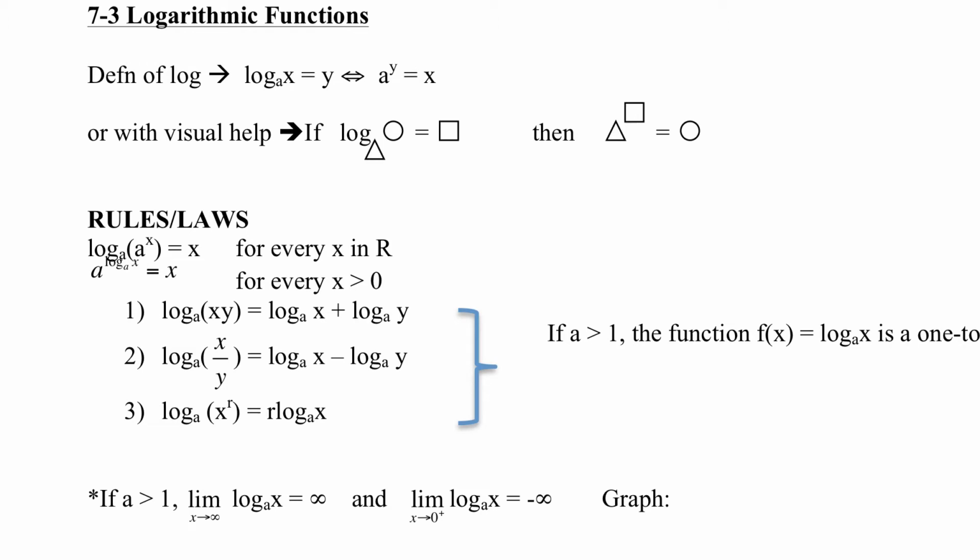If I have, for example, 5 squared, to undo 25, I could take the square root of 25, and that'll give me 5. So this is 25 to the 1/2 power, which is the square root of 25.